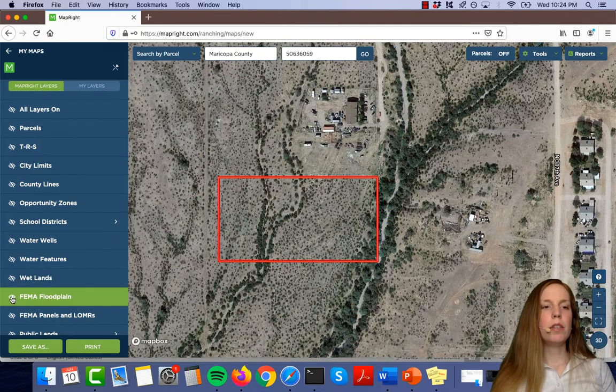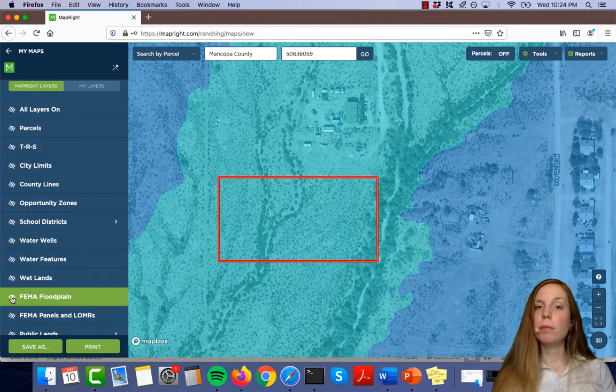And in a similar vein, you can also look up floodplains. So this is again for anyone who has bought property before. You know that it's very important to know whether a parcel is in a special hazard flood area, because if it is and you want to build, you will need to buy flood insurance.